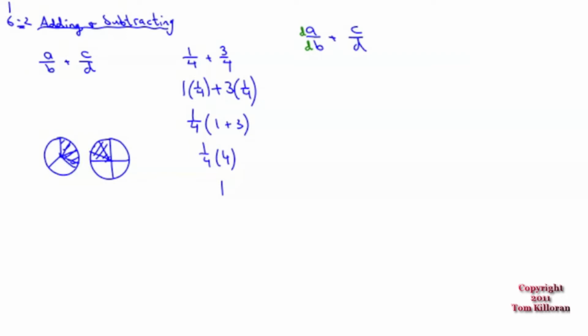Over here, what's missing? The b, top and bottom. So then we get ad over bd plus bc over bd. Now the bd is common. We generally just write it as one fraction, but this step right here is the same thing as factoring out the 1/4 over here.